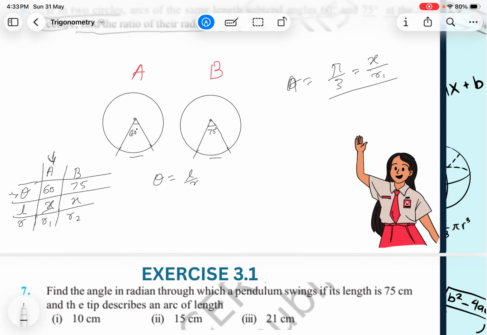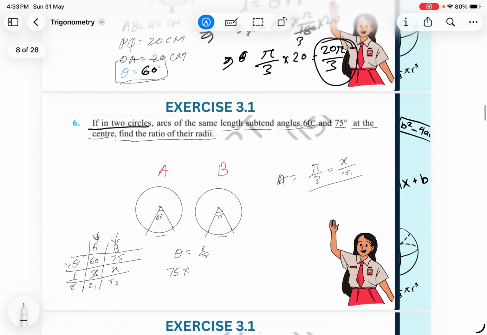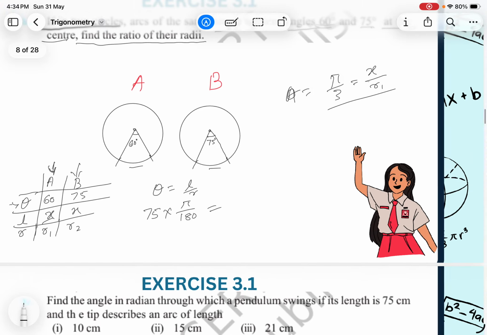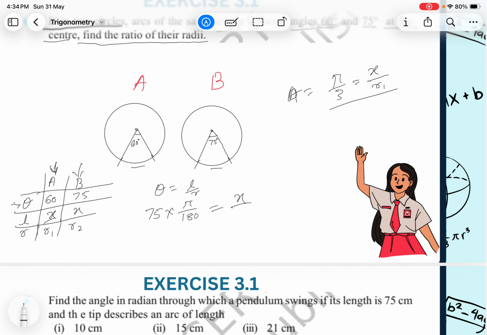Now for the b, we have theta equal to 75 into pi by 180, that is equal to length, we have x by r2, right? So if we do with 5, 3 2 is 6, and we will get 15, 3 5 is 15, right?